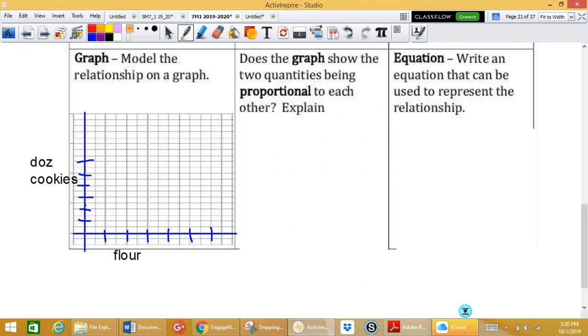So we have 3 cups of flour will give us 4 dozen cookies. And 6 cups of flour will give us 8 dozen cookies. Nine cups of flour will give us 12.